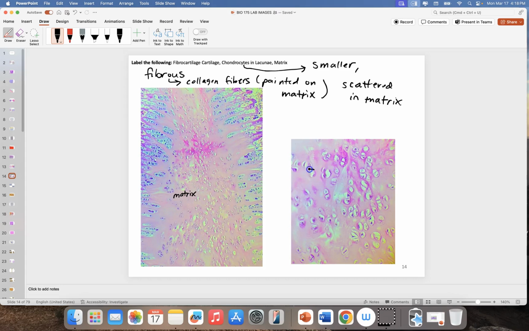I can go ahead and circle one, or again, we can just kind of draw a line from one, but these are going to be our chondrocytes in lacunae. And all of this tissue that we can see here is going to be that fibrocartilage.